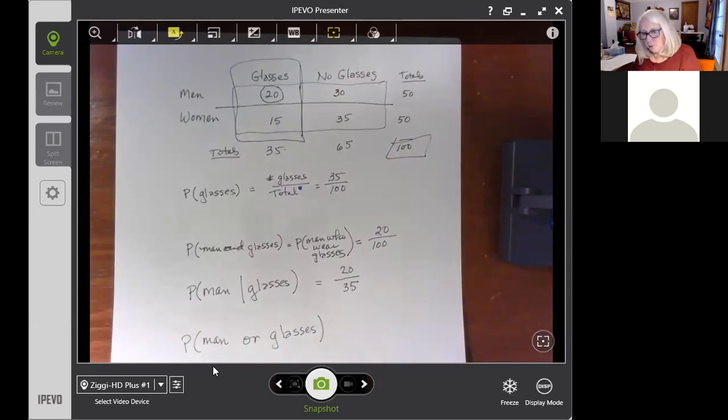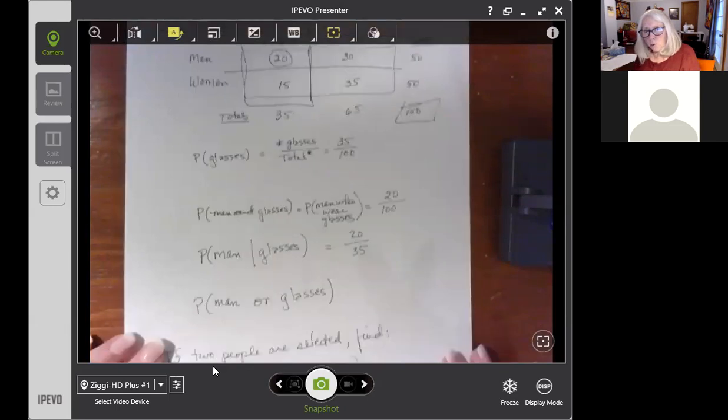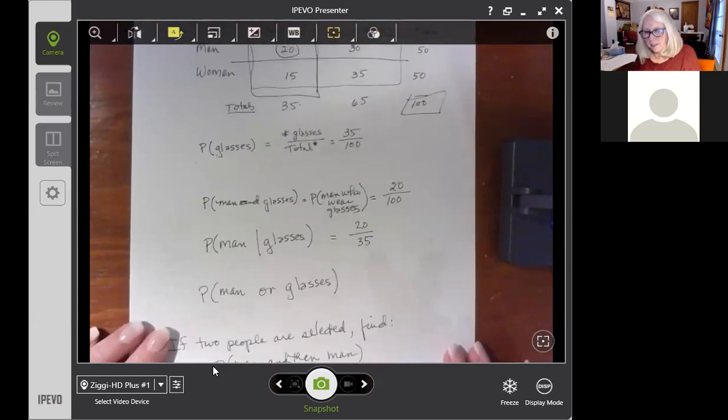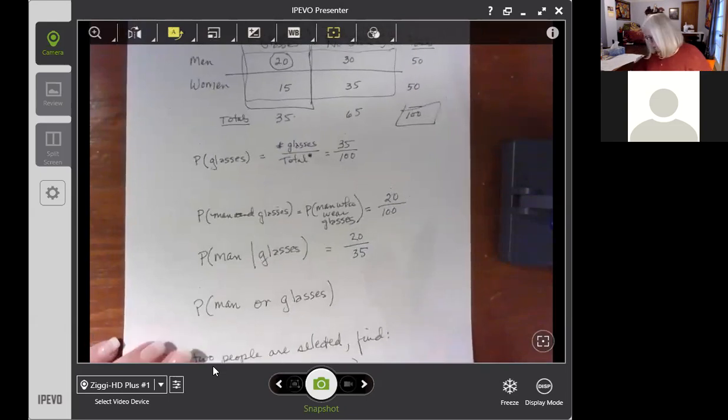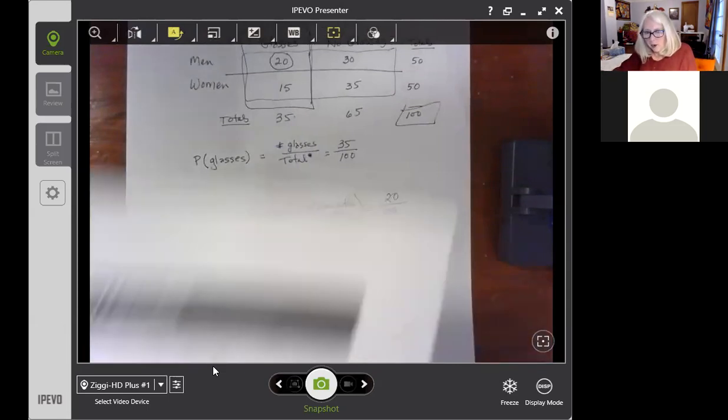Okay, so the next one is, what is the probability, if I make a single selection, that I select either a man or someone who wears glasses? Now, I want to show you on your formula sheet how they write it.